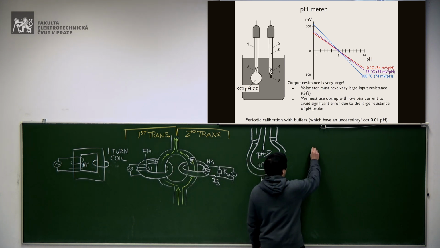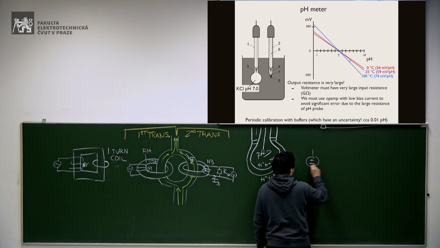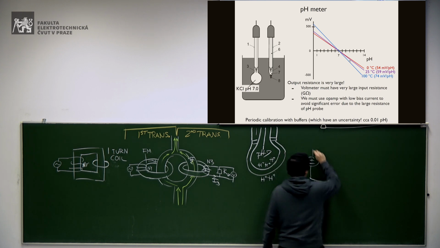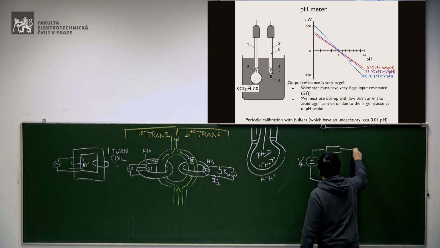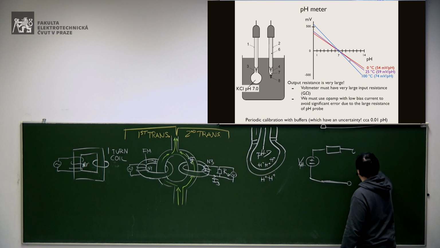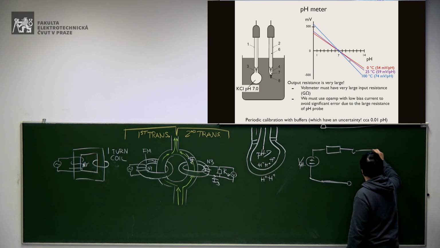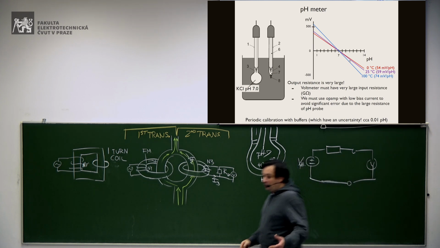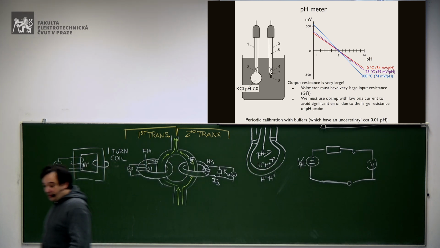So just imagine that here you have your voltage given by the pH, and then a very large resistance, okay? Then you have your voltmeter here, and your voltmeter, of course, has some input resistance.